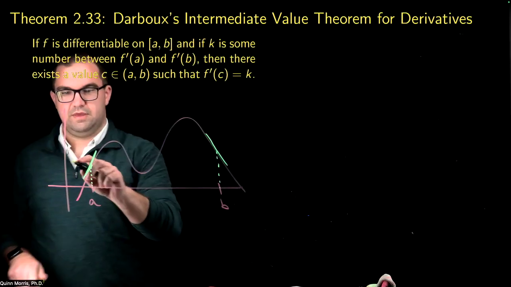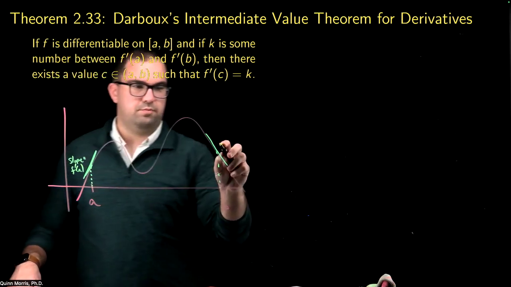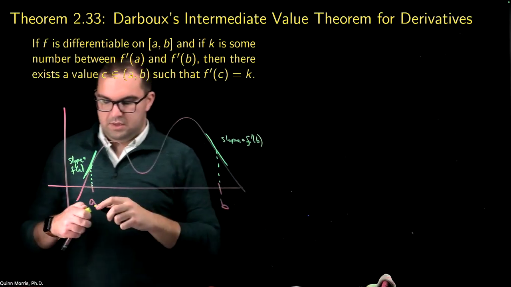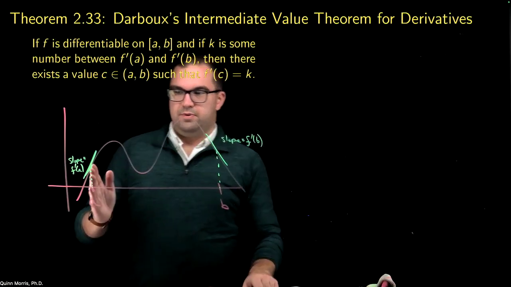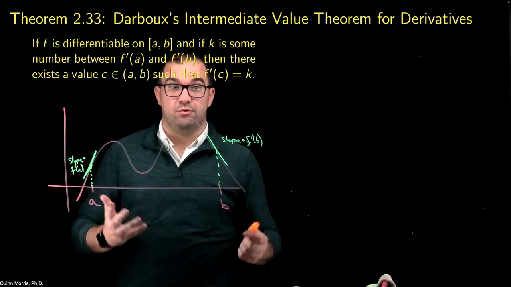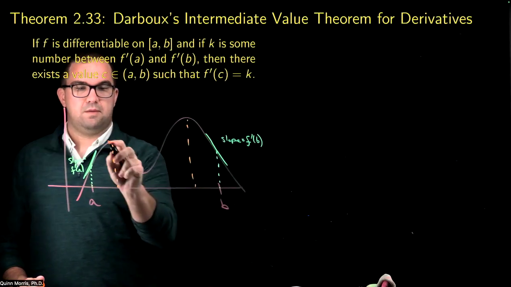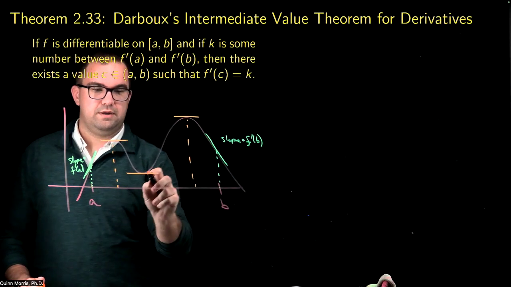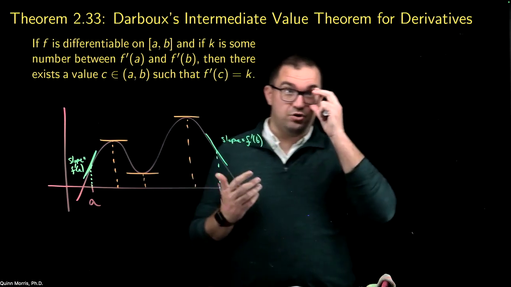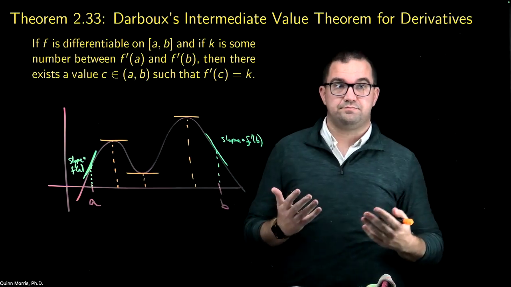So the slope of this line is f prime of A. The slope of this line is f prime of B. Now if you pick any slope between f prime of A and f prime of B, for example, 0 would be one such spot, there must be at least one point in between where the derivative is 0. So this is like an intermediate value theorem, but instead of talking about the values of the function, it's talking about the values of the derivative of the function.